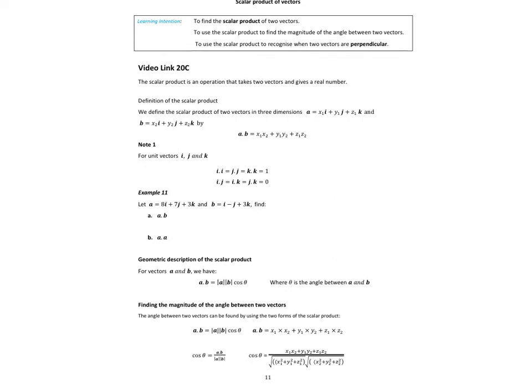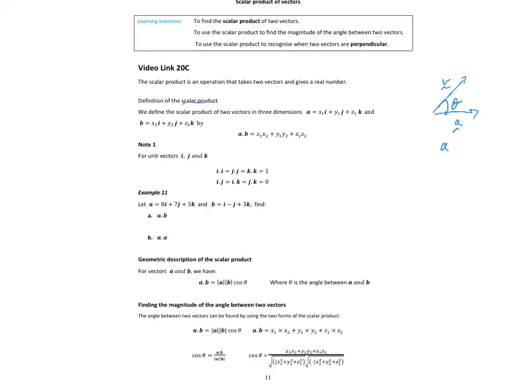So a scalar product is basically an operation that takes two vectors and gives a real number. I guess the scalar product is a means to an end in some respects. If I have two vectors, say A and B, and that's the angle in between, well, let's take a step back.